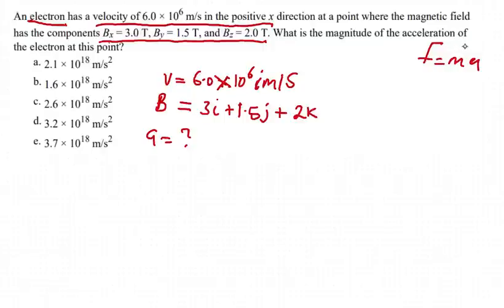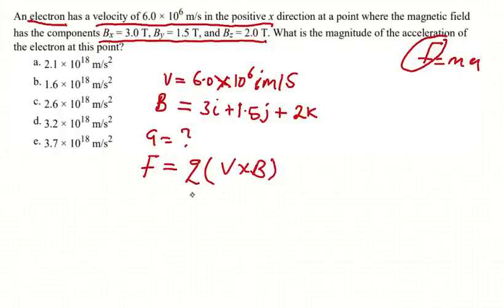But for us to determine the value of F, we should know that F is equal to Q v cross B. Since it's an electron, the charge should be the charge of an electron. We have that Q will be equal to 1.6 times 10 power minus 19 coulombs. B should be in Tesla.